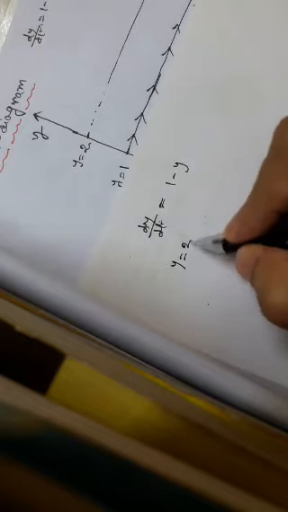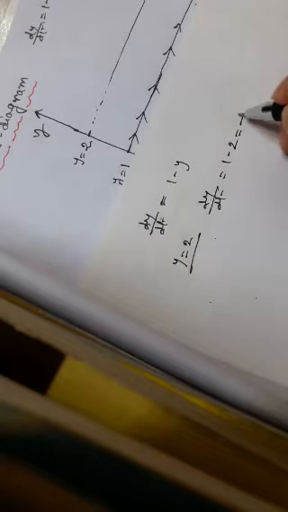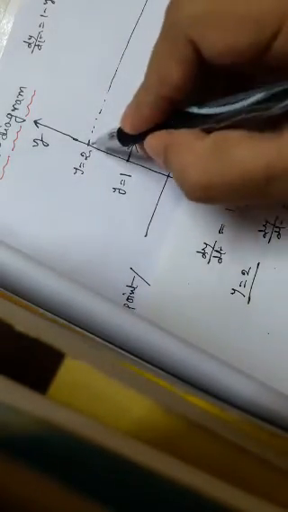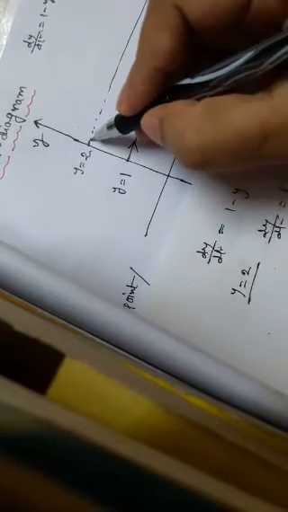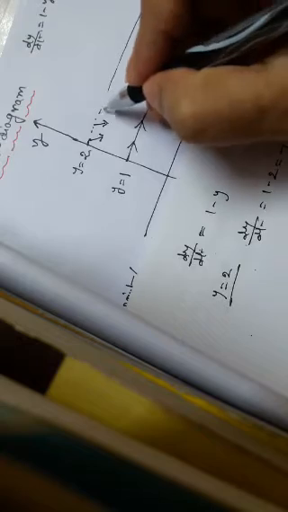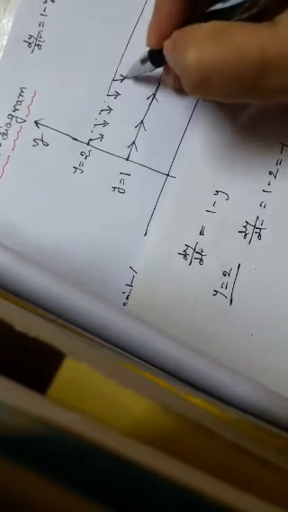So if we consider y is equal to 2, we get dy/dt is equal to 1 minus 2 is equal to minus 1. So the slope at any point on this line will be like this. dy/dt is equal to minus 1, negative slope, means tan minus 45 degree, like this.